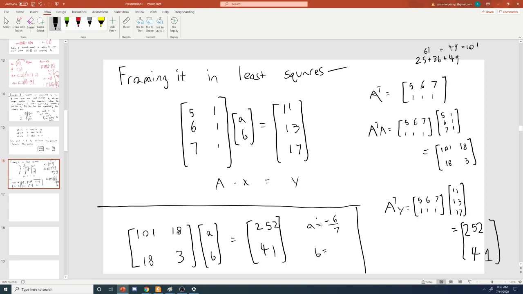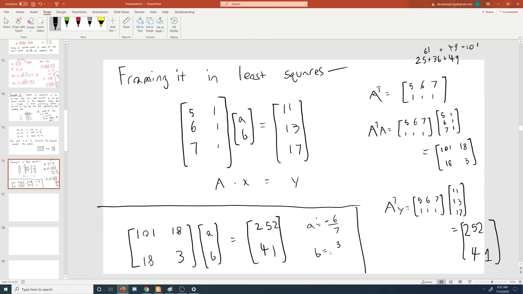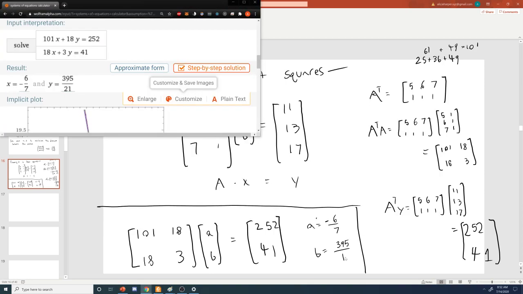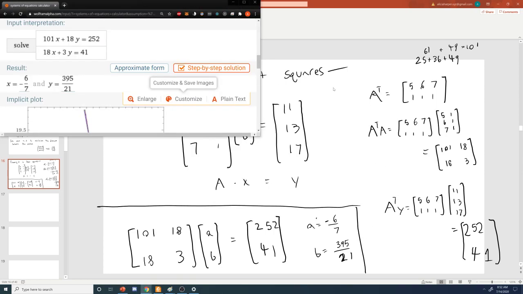And B here is going to be equal to 395 over 21. Let me just verify that I did this correctly. Sanity check myself.